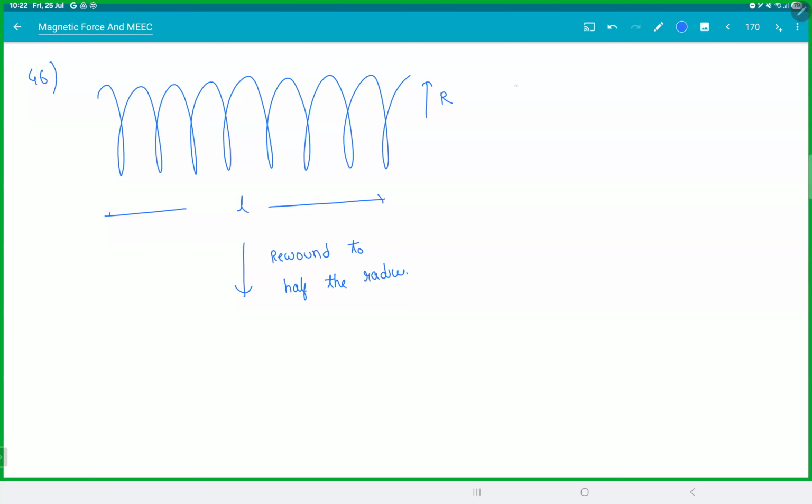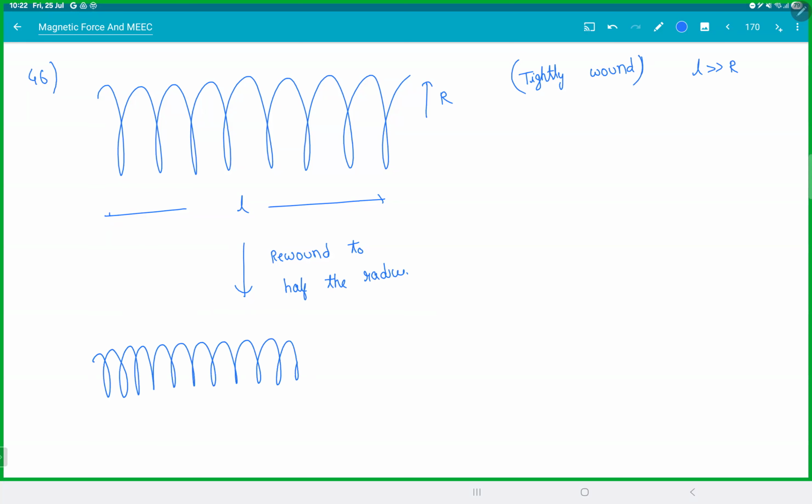Again, remember it is tightly wound. I am showing spaces, but technically there will be no spaces. And L you can take as much, much greater than R, so you can use that infinite formula. So the solenoid becomes R by 2. If you send the same current, find the ratio of magnetic field inside and find the ratio of magnetic moment, NIA.